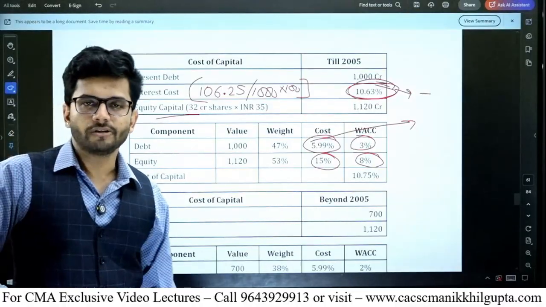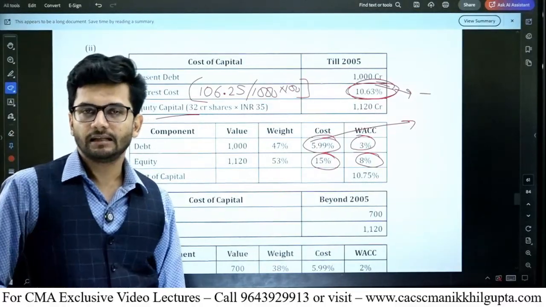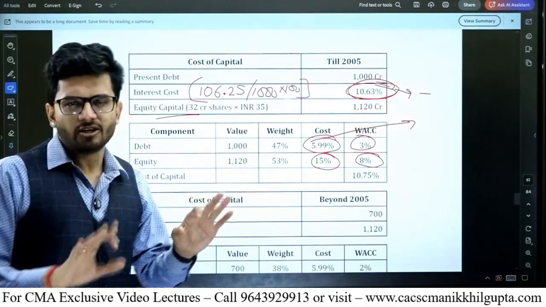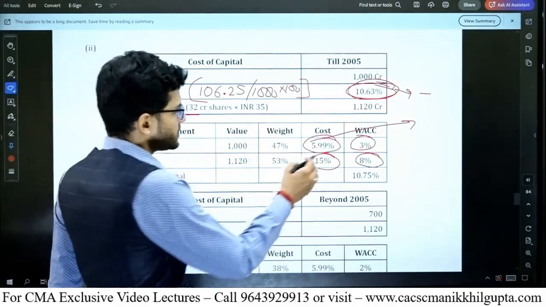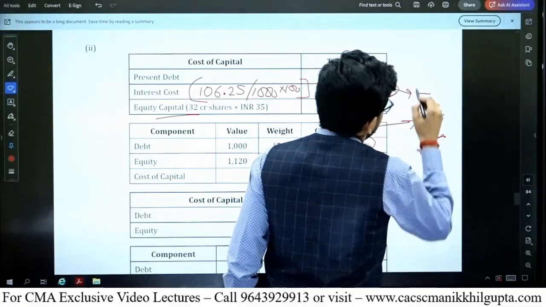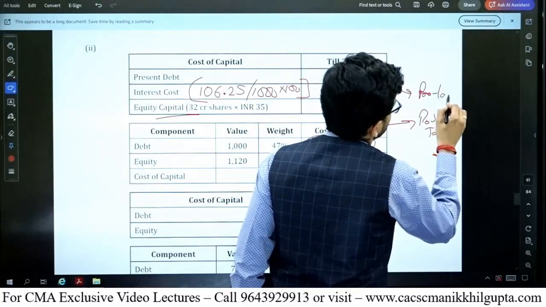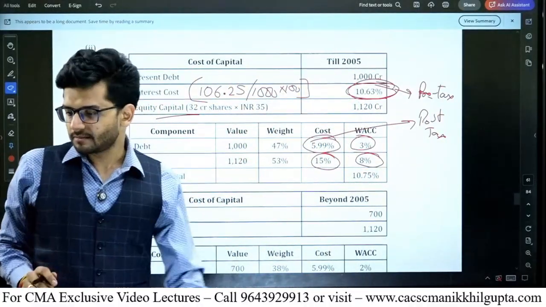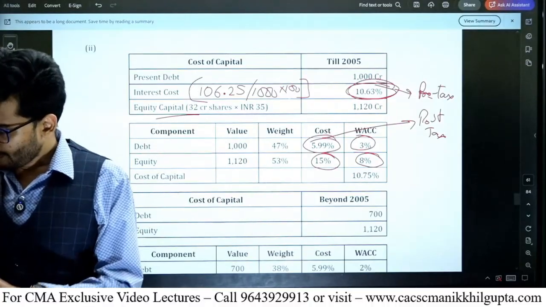To be accurate, the tax rate is actually 43.6, not 44. Then you'll get 5.99. I'm getting a little bit of variation, which is okay, not a problem. So this is post-tax, and this is pre-tax. That's why the difference.